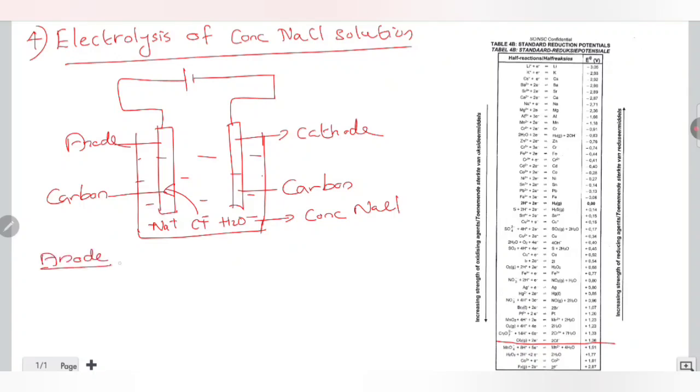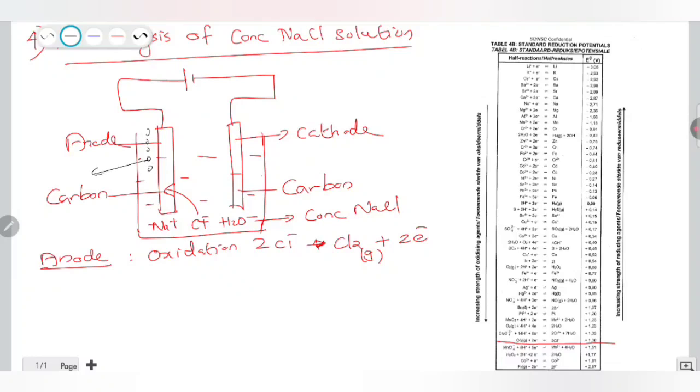At anode, oxidation of chloride ion, and the reaction is 2Cl- changes to what? Cl2 plus 2 electrons. Cl2 is a gas. From the anode you will see the bubbles moving up, and those bubbles represent Cl2 gas.